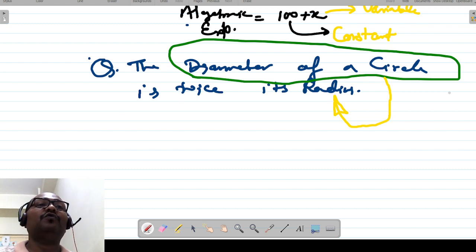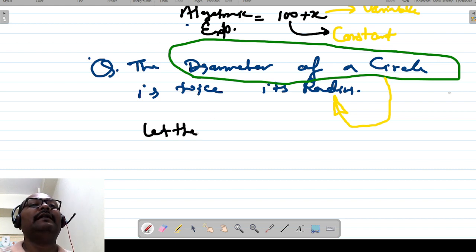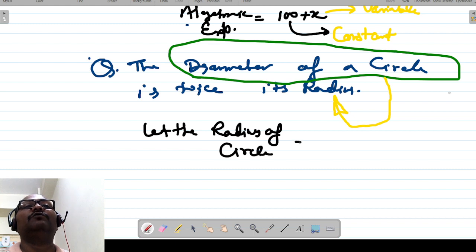Okay. So we will just initiate like this. Let me show you. Let the radius of circle equal x. Fine.